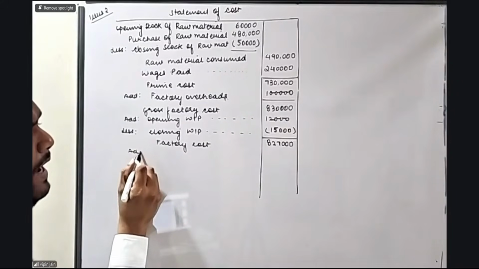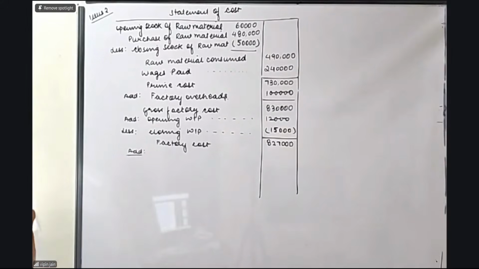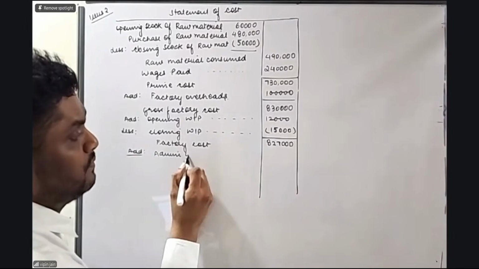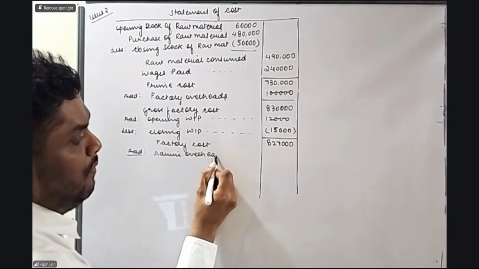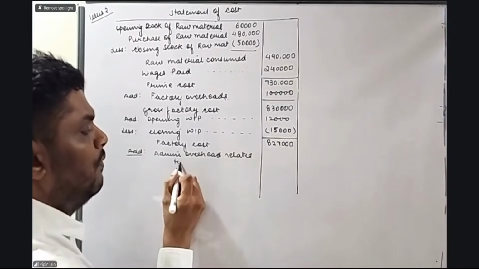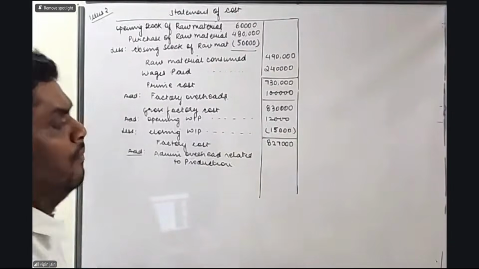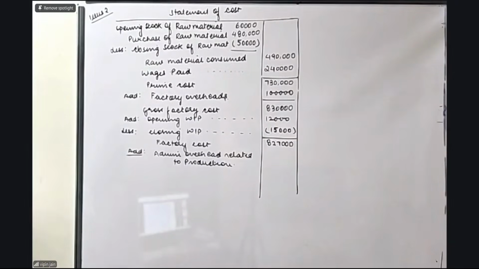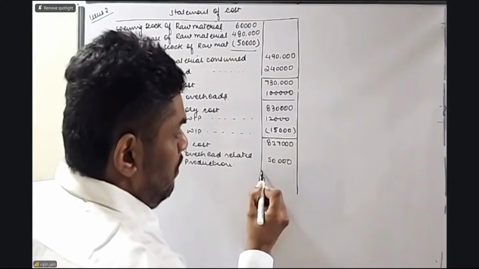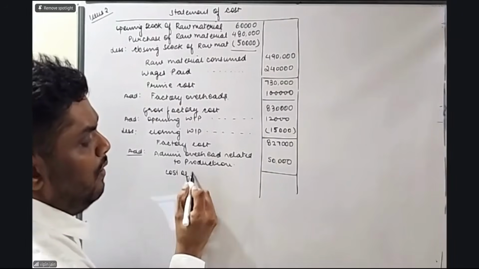In this, we will add only one item that is given, that is administration overhead related to production, that is 50,000. So we'll get cost of production.